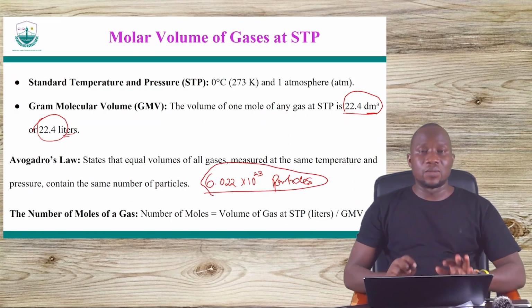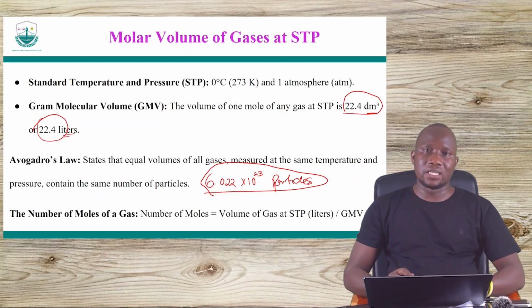So that is what Avogadro's law says: for equal volumes of all gases measured at the same temperature and pressure, you will have the same number of particles.